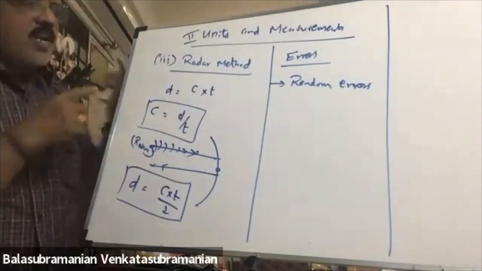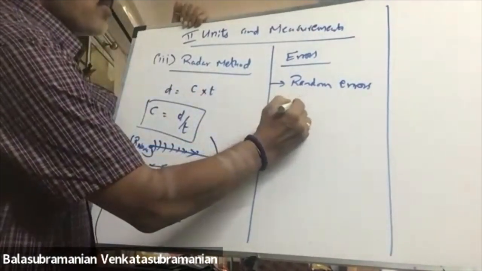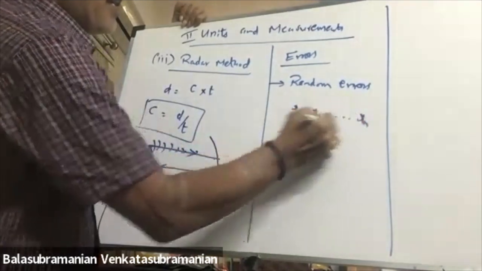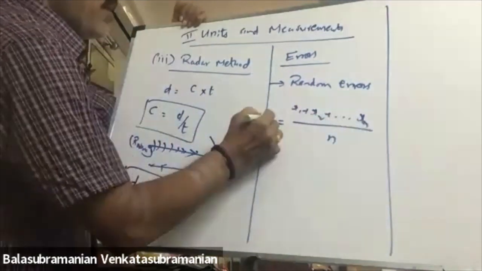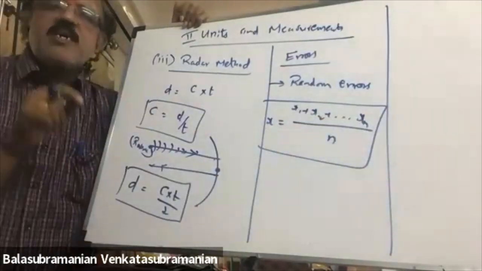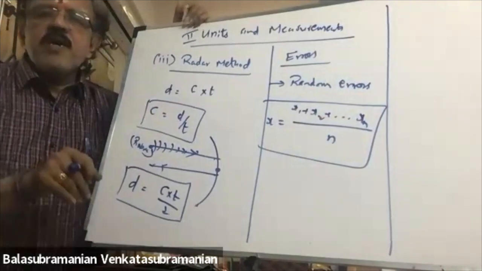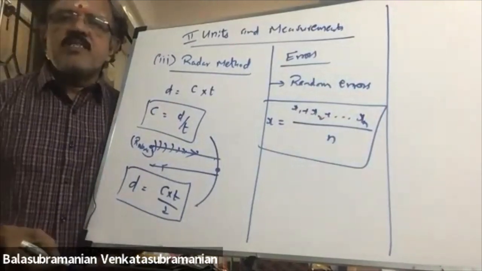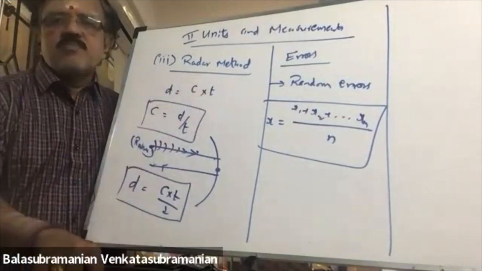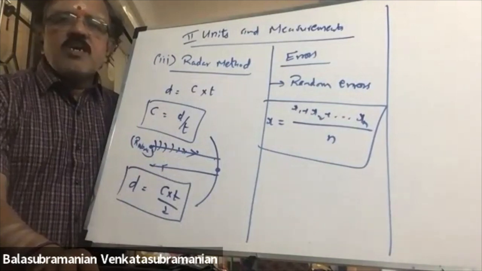So we are calculating so many observation values, x1, x2, x3, n readings, divided by the number of readings. That answer will be closer to the correct value. It is not the correct value. 1.4, 1.38, 1.36, 1.41, 1.42, like that I am getting. 1.4 is not the exact value.